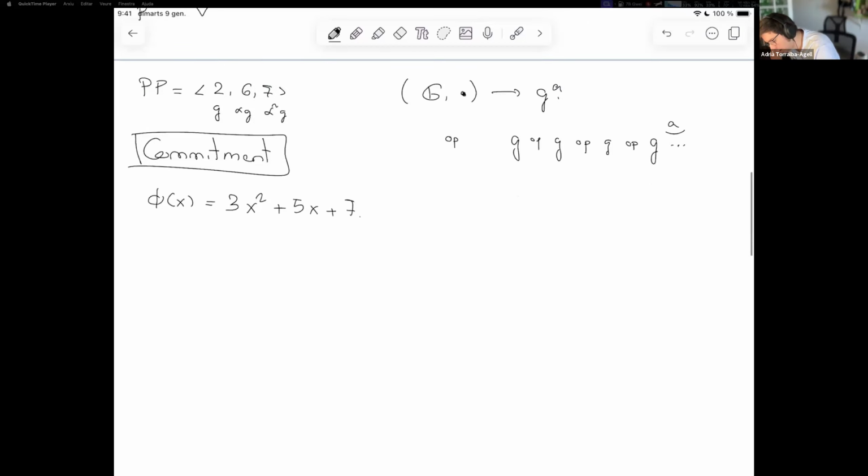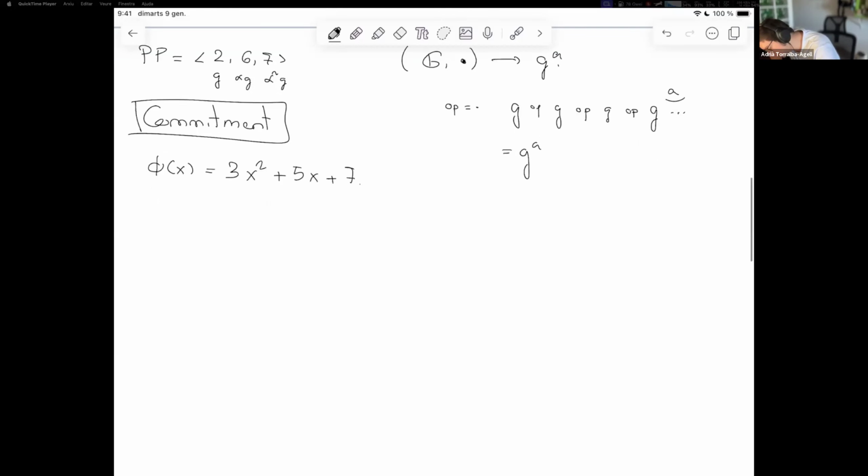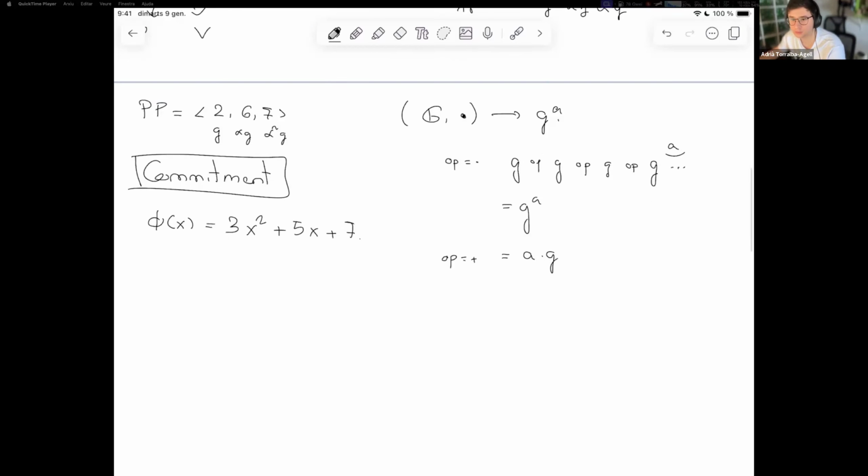If my operation is multiplication, this is G times G, 8 times, which is the same as G to the A. But if my operation is sum, this is G plus G plus G, 8 times, which is AG or GA, because commutativity also holds here. Is it clear now?